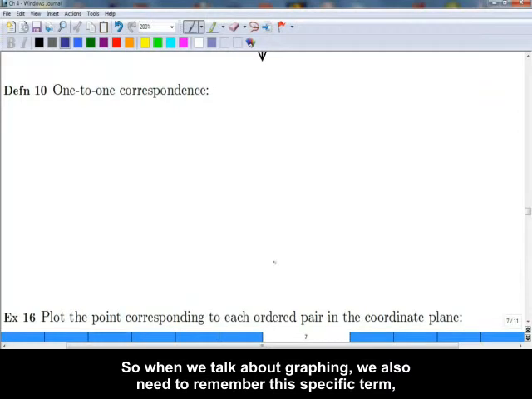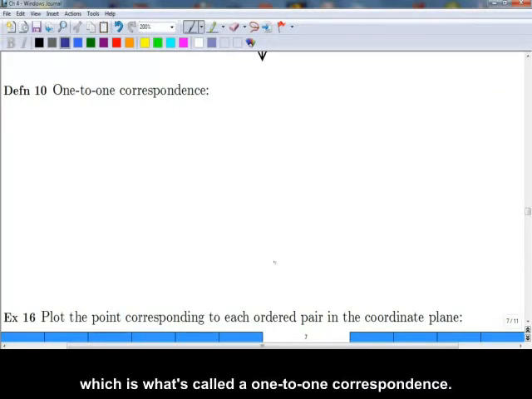So when we talk about graphing, we also need to remember a specific term, which is what's called a one-to-one correspondence.